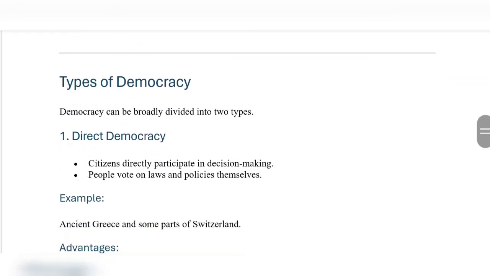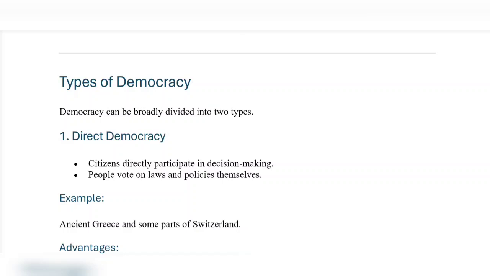Now, these were the features, and I hope you have understood all the features. Now, we'll be talking about the types of democracy. Usually, there should be only one type where the people all are sitting together, they are taking decisions, they are thinking of their country, they are talking about their problems and solving it. But if you see today, it's not possible.